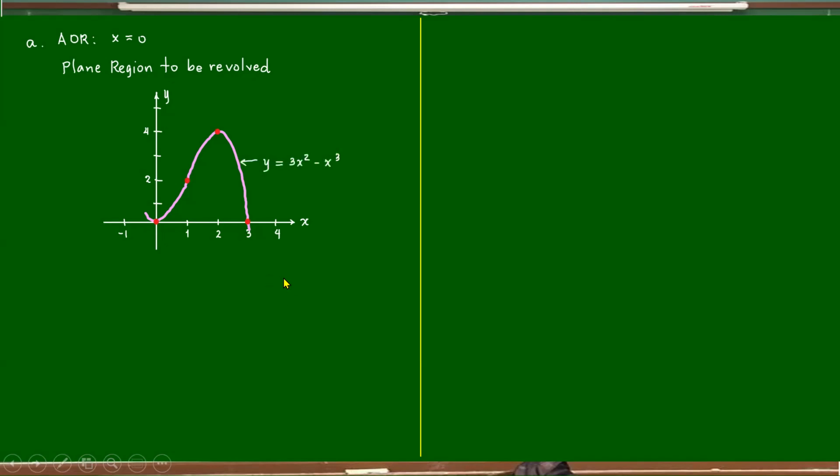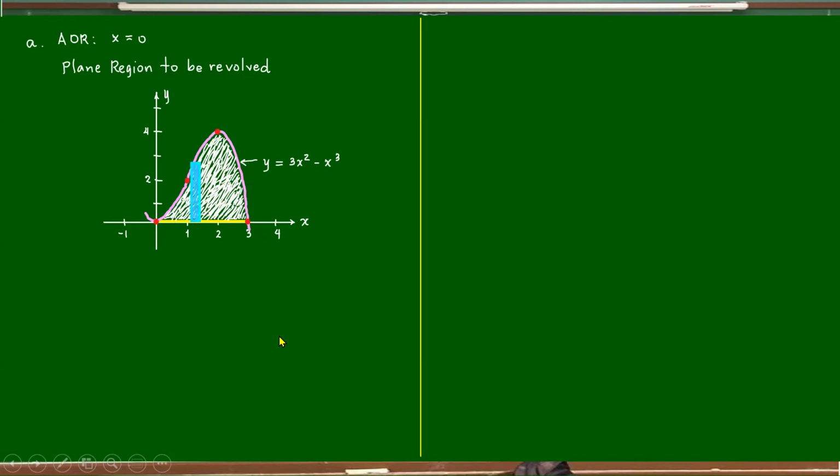So this is the curve and that is the region to be revolved, which is above the x-axis and under this curve. So the appropriate element is vertical.